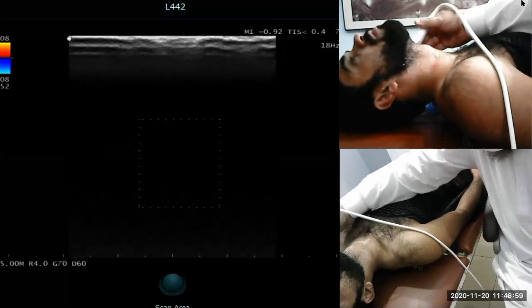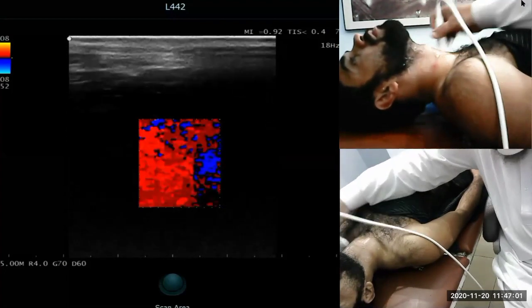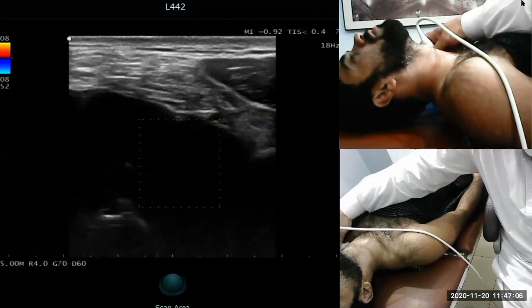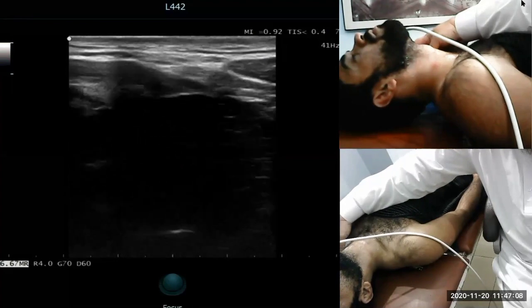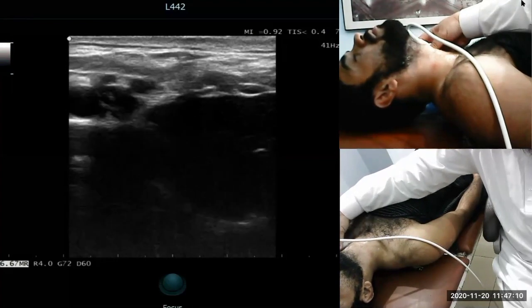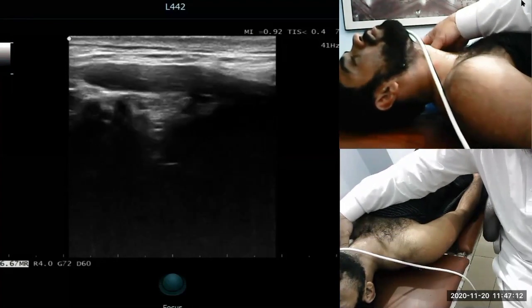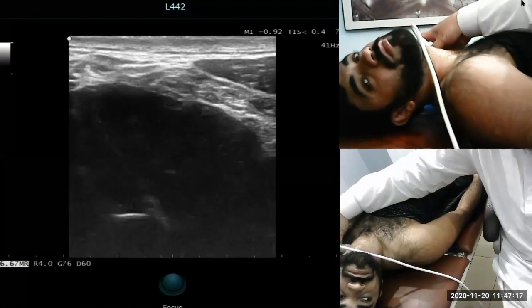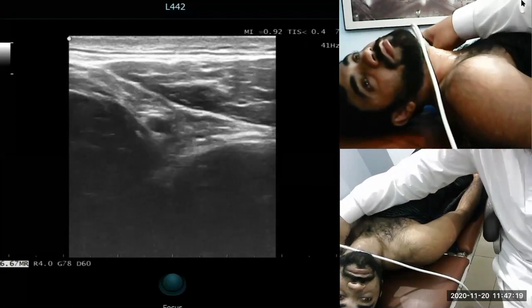It is always important for us to see the left supraclavicular region, for any lymph nodes or so.